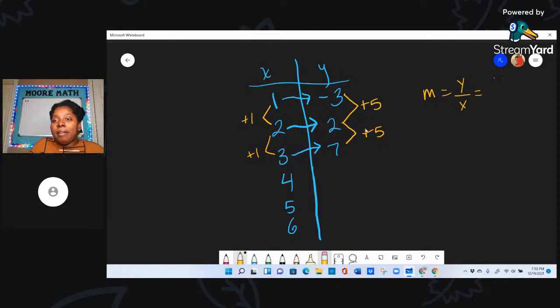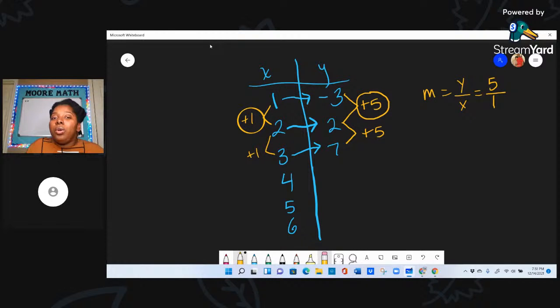Okay, so we have 5, and then what do I put on the bottom? So what's happening to my x's? So where did I get 5 from? That was the difference between the y's, right? Okay, so what is the difference between the x's? 1.